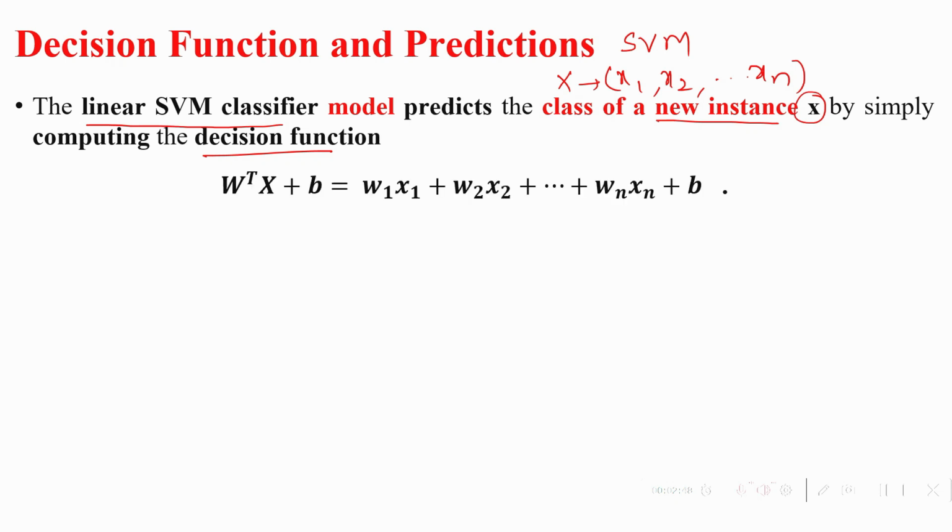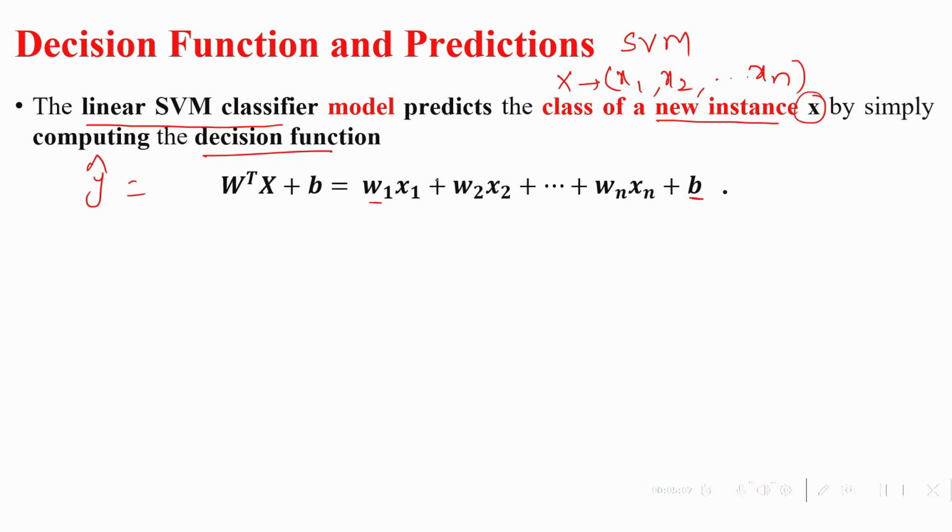The decision function is y cap equal to w transpose x plus b, that is equal to w1 into x1 plus w2 into x2 plus and so on, wn xn plus b. Our aim is to find the corresponding w values and the corresponding b value.